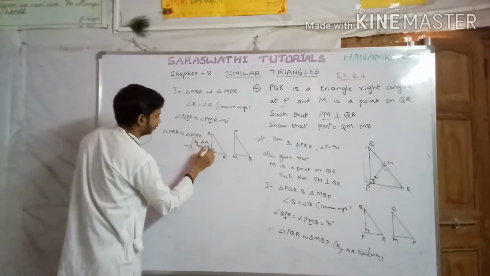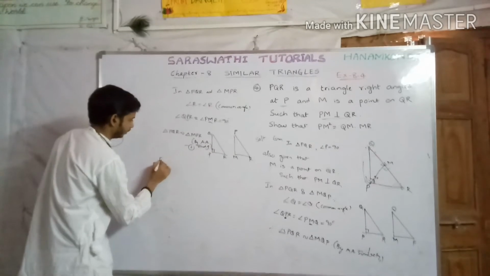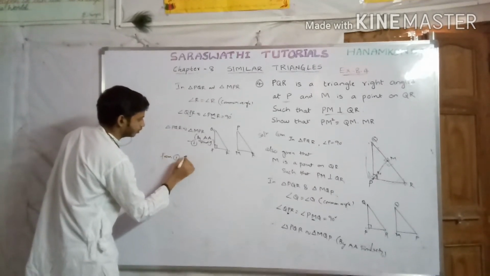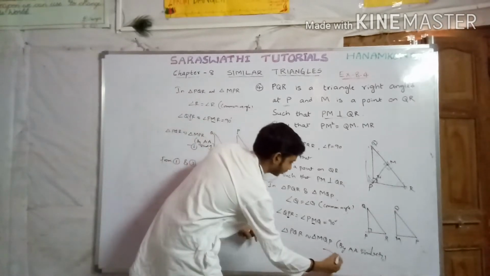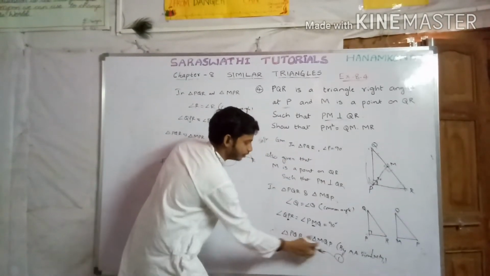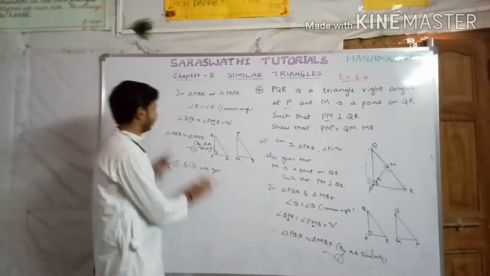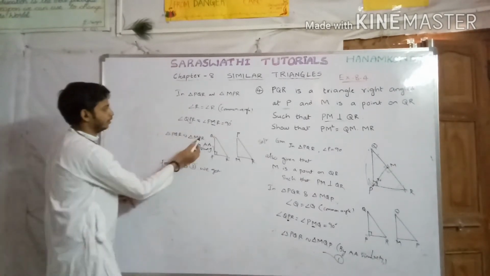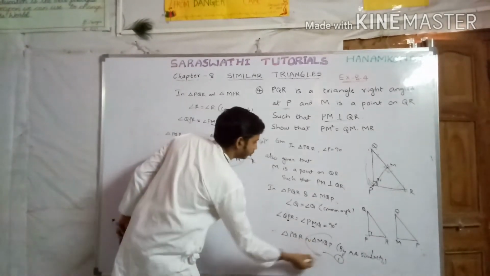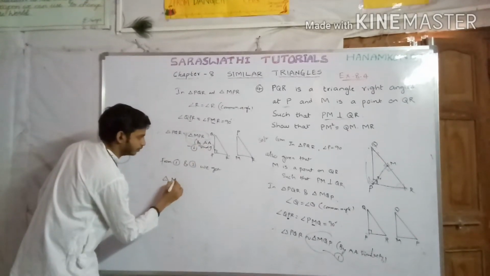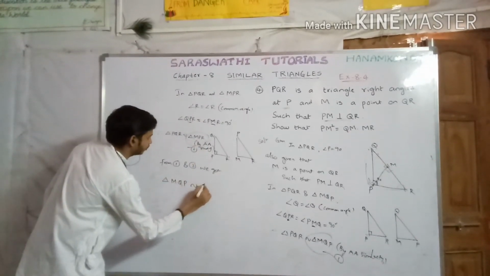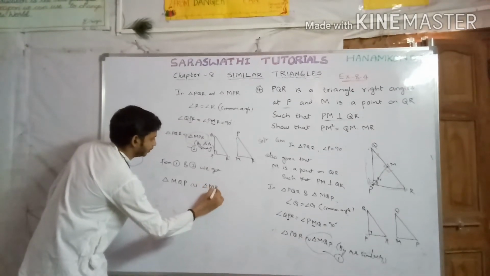So from 1 and 2 we get: triangle PQR is similar to triangle MQP and triangle PQR is similar to triangle MPR. So we can write it as triangle MQP is similar to triangle MPR.